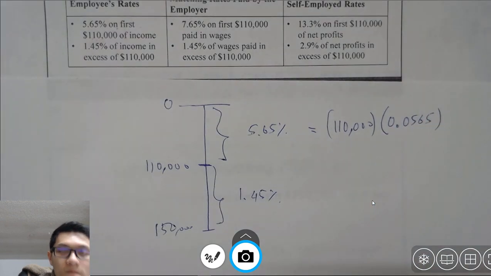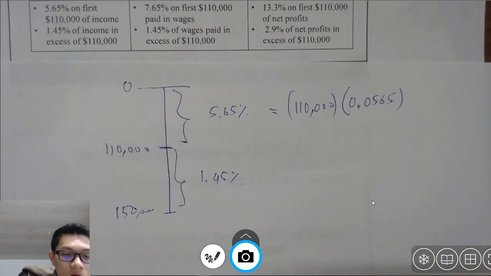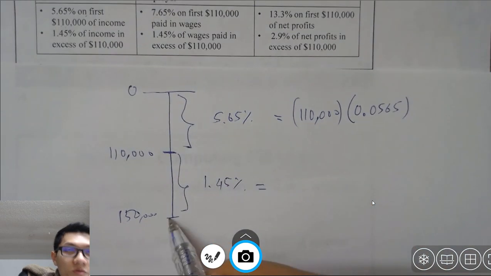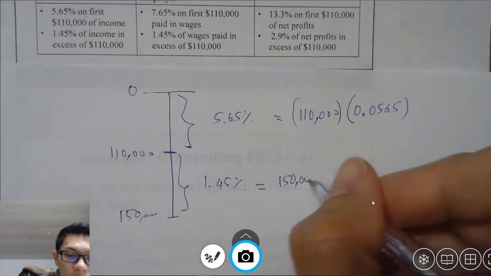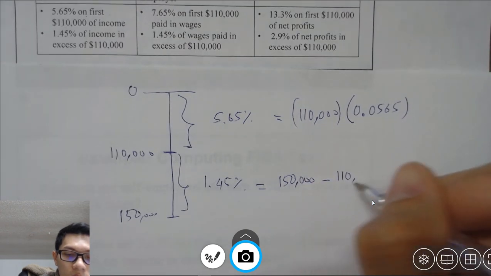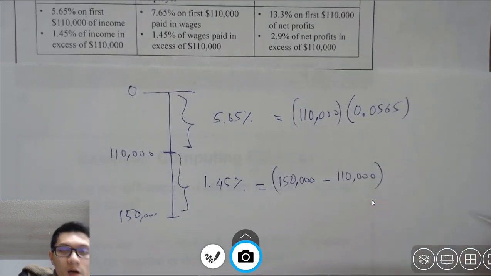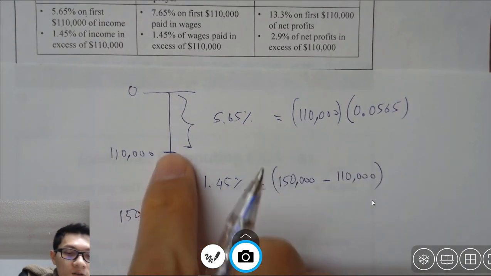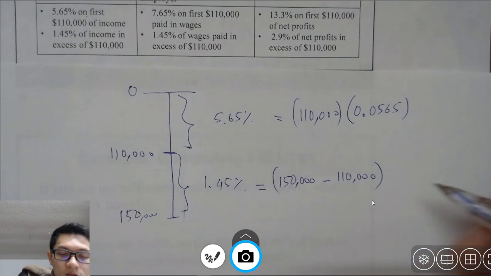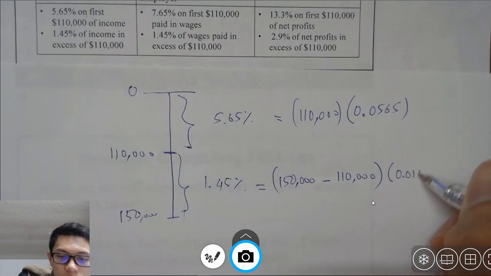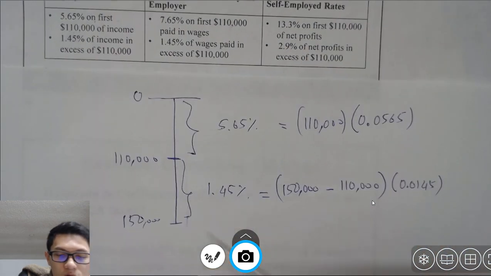Okay, and then here again you have to take the subtraction. 150K minus 110K to get the difference between the two numbers, and then we multiply by 0.0145. Move two places to the left to get the rate.